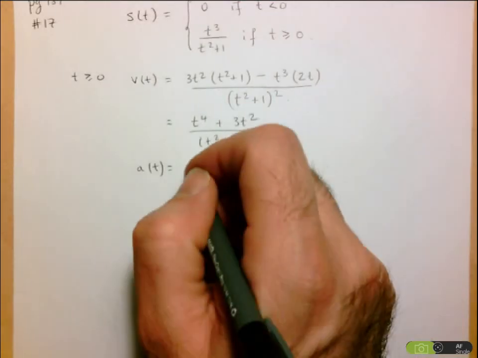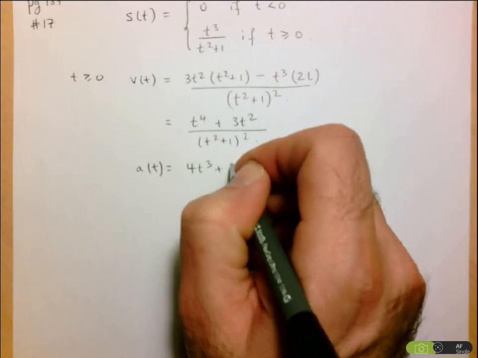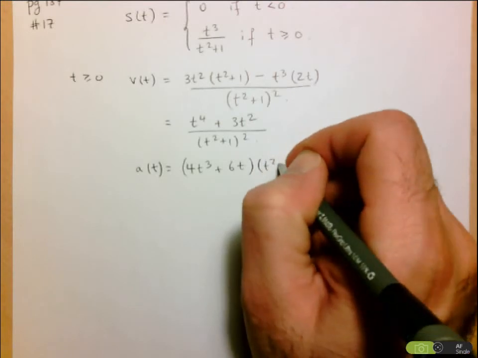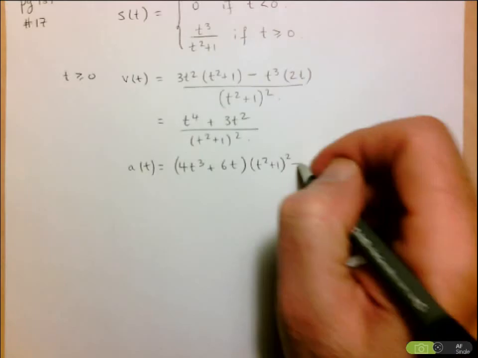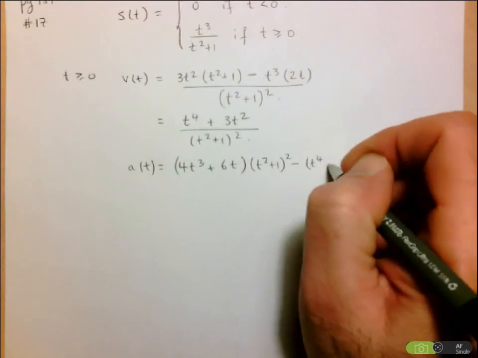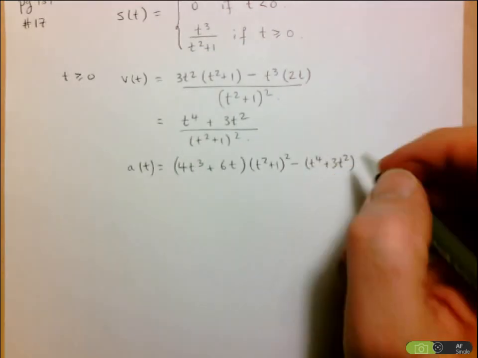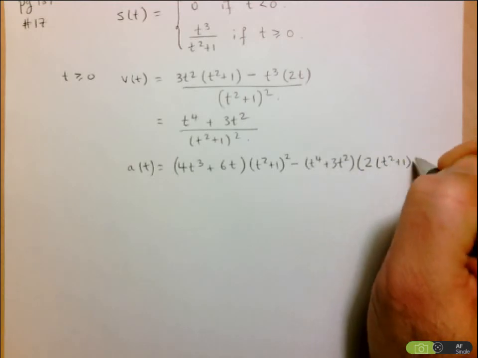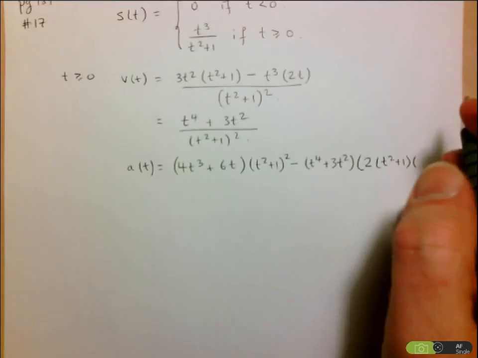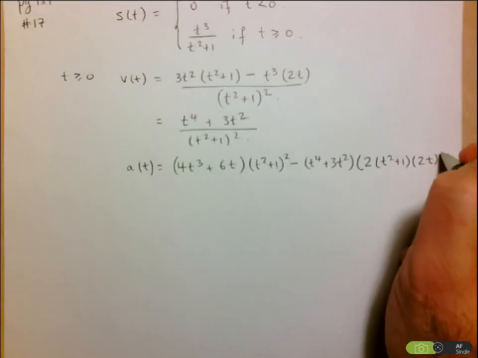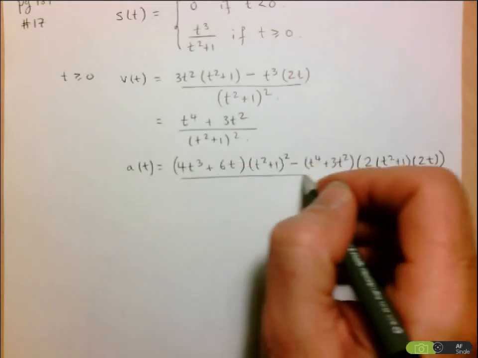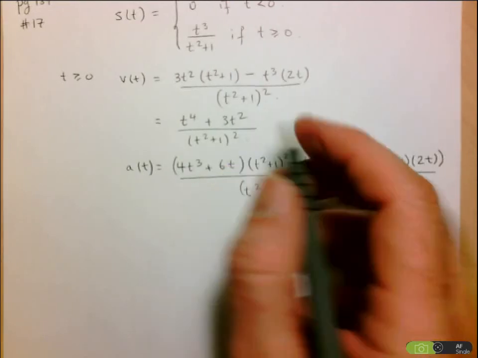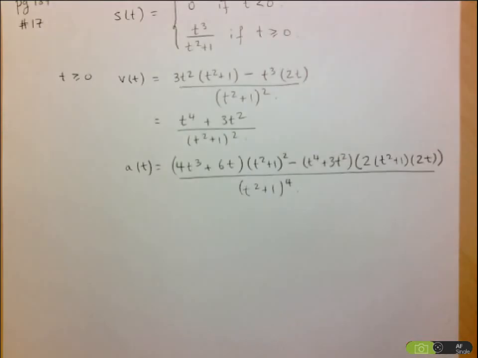So the derivative of the top is 4t cubed plus 6t, times the denominator, t squared plus 1 squared, and then minus t to the fourth plus 3t squared times the derivative of the denominator, which is 2 times t squared plus 1 to the exponent 1 times the derivative of t squared plus 1, which is 2t. Okay, and all over t squared plus 1 squared, so that's going to give us an exponent of 4.